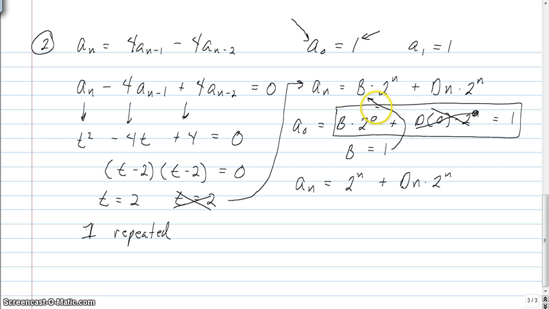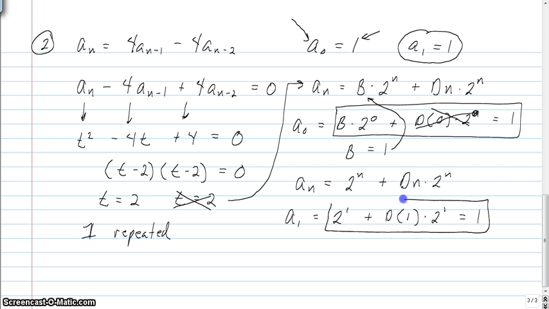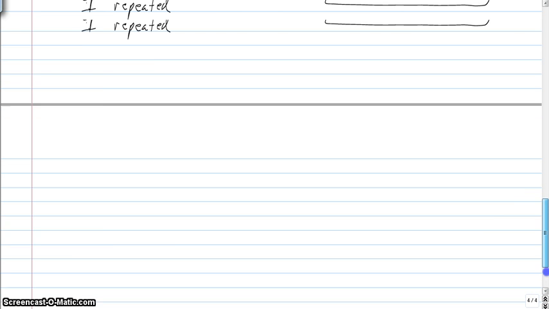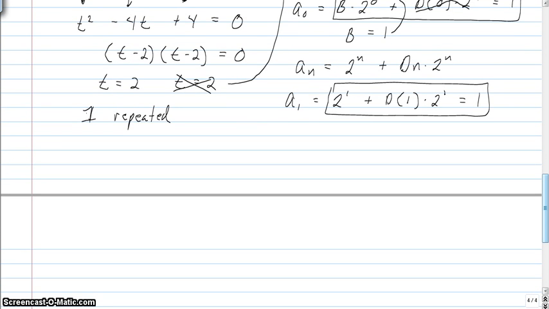Okay, put that back into my solution, and now I'm going to apply this condition. Plug 1 in for n. And I get to set that equal to 1 as well, and that gives me a nice equation I can solve for d.